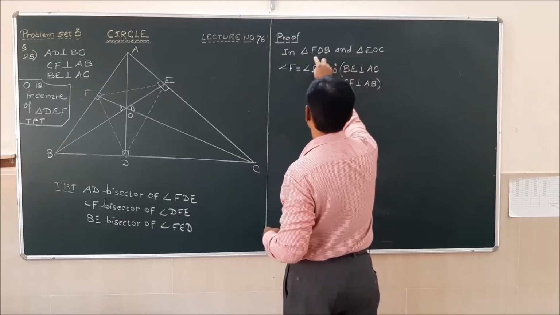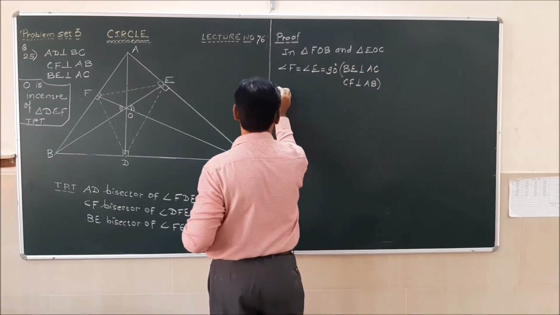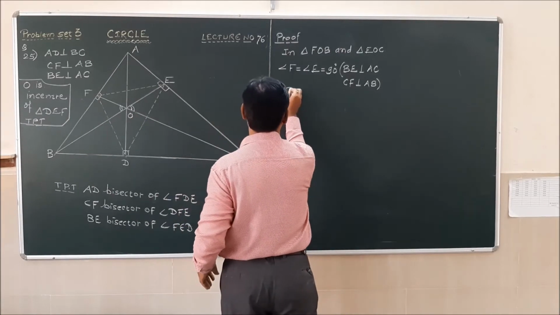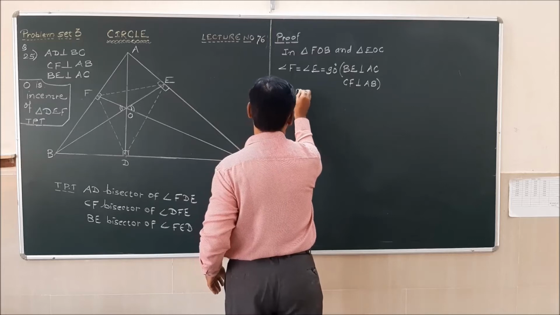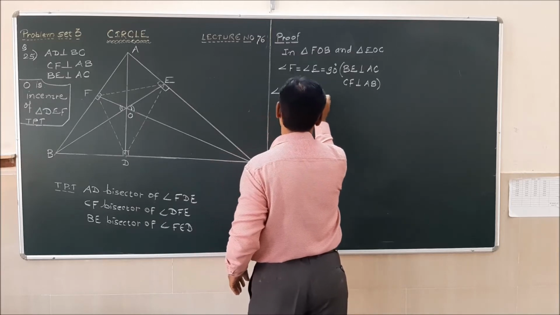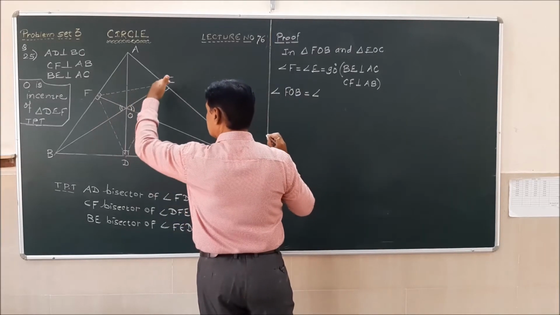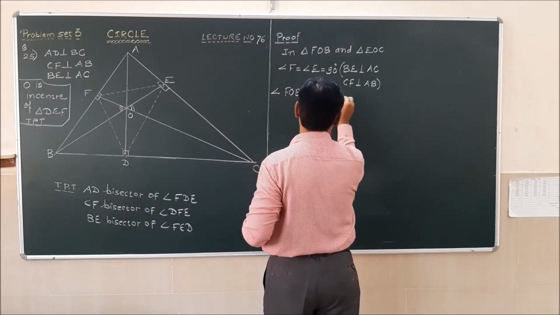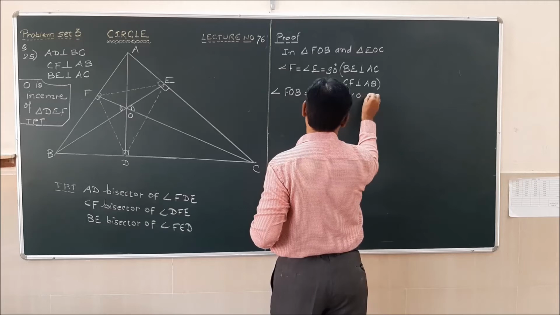I have already written these two triangles. Be careful about it. So angle FOB is equal to angle EOC, vertically opposite angles.